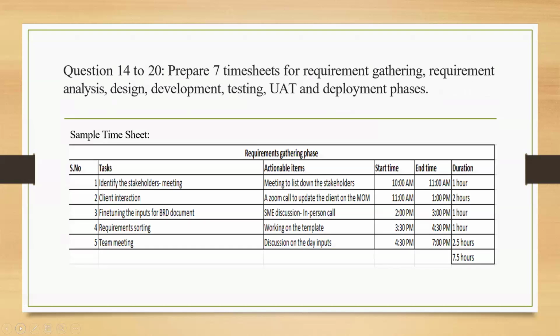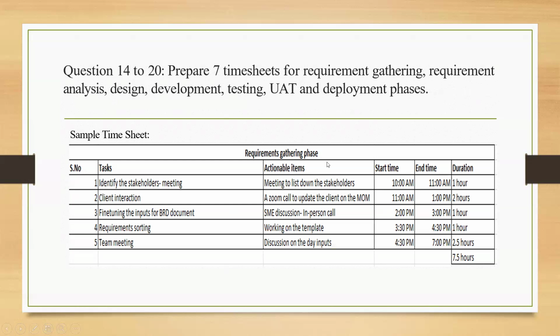Then question number 14 is about the timesheets. You need to prepare 7 timesheets, guys, for requirement gathering, requirement analysis, design, development, testing, UAT, and deployment phases. For all these 7 phases, you need to prepare a timesheet. Here we have shown you a sample timesheet.